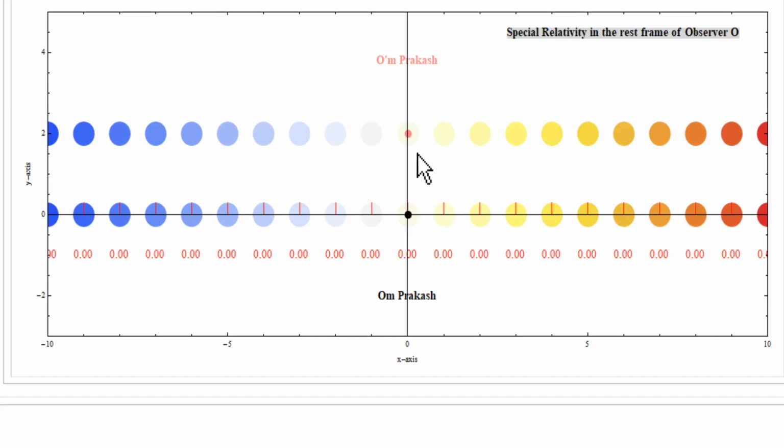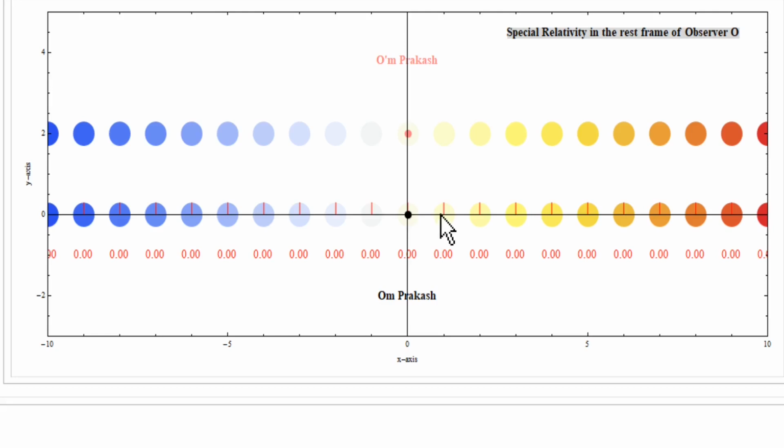So in particular, if I were to take this train to now be at rest, if I were to slow down the train and stop it here, what we would actually see is that the spacing between Om prime Prakash and his friends would be larger than this apparent separation of 1 meter, while the separation between Om Prakash and his friends continues to be 1 meter.